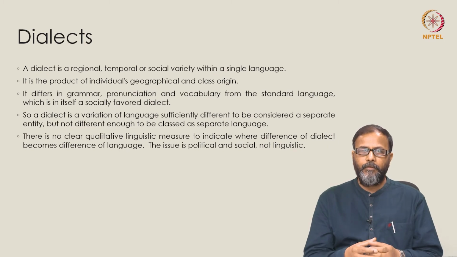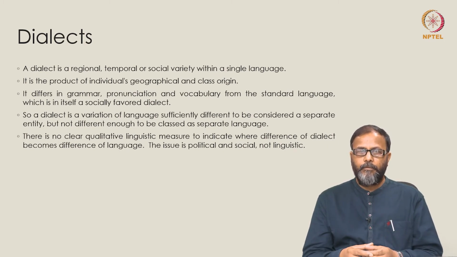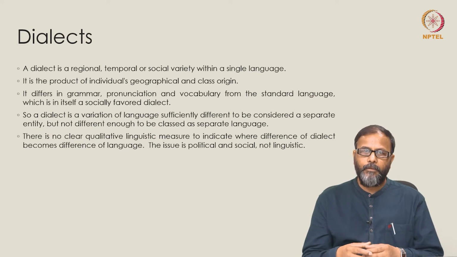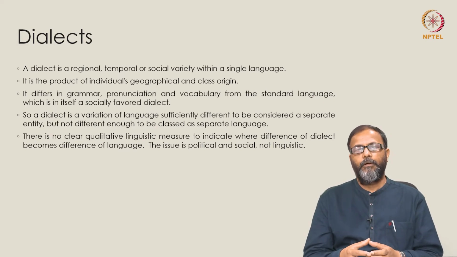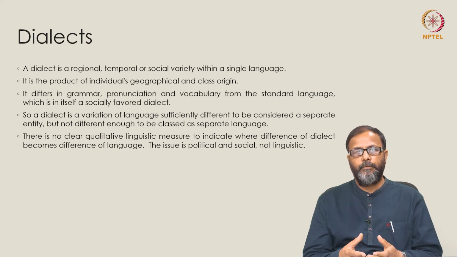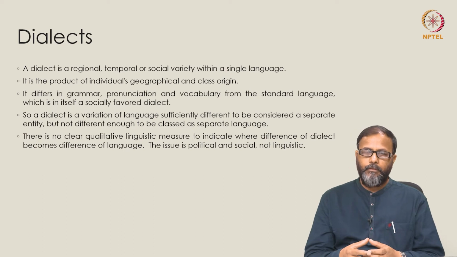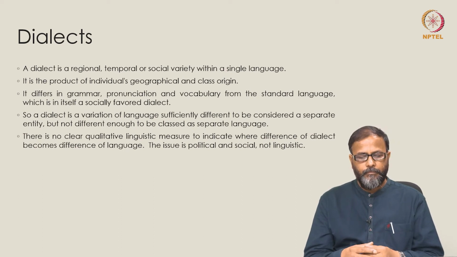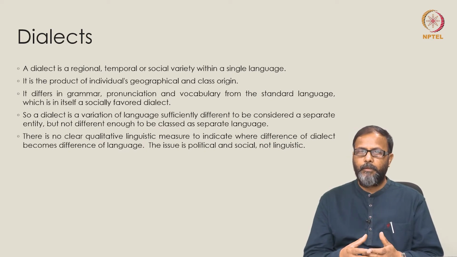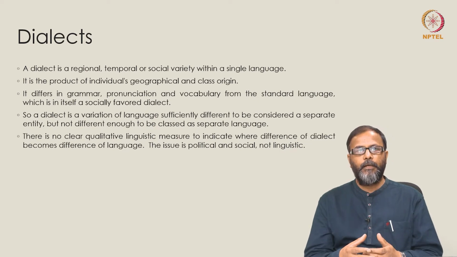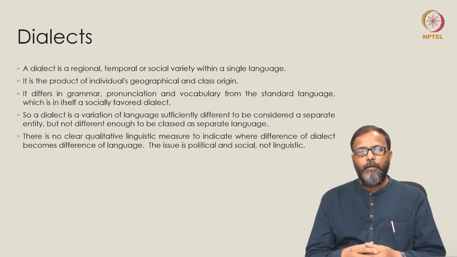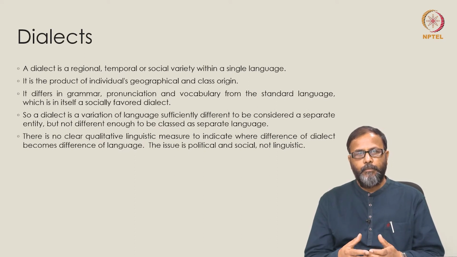When a particular language with a certain set of variables is used by a particular social class, it is called a sociolect, right? So it can be temporal, it can be social, it can be regional. A dialect differs in terms of grammar, pronunciation and vocabulary from the standard language, but not enough to be called a separate language.